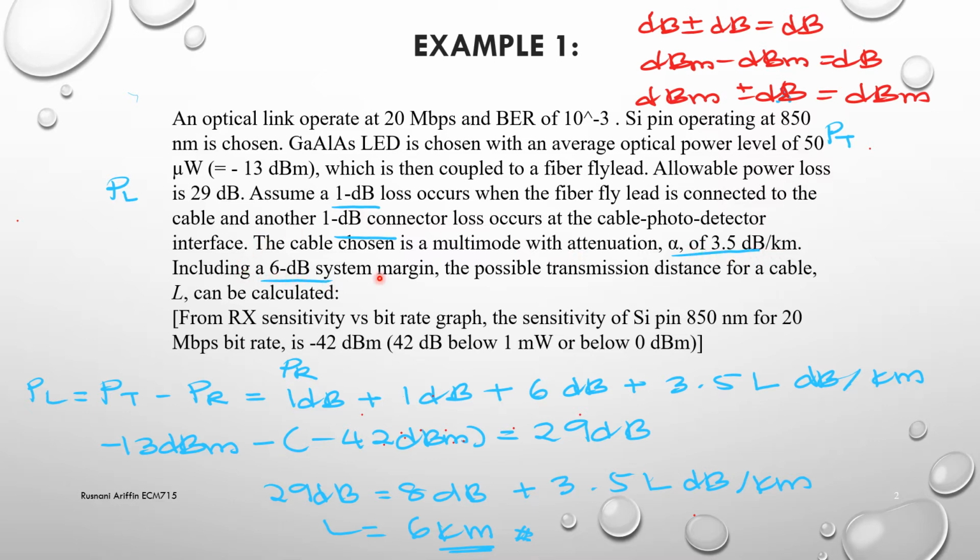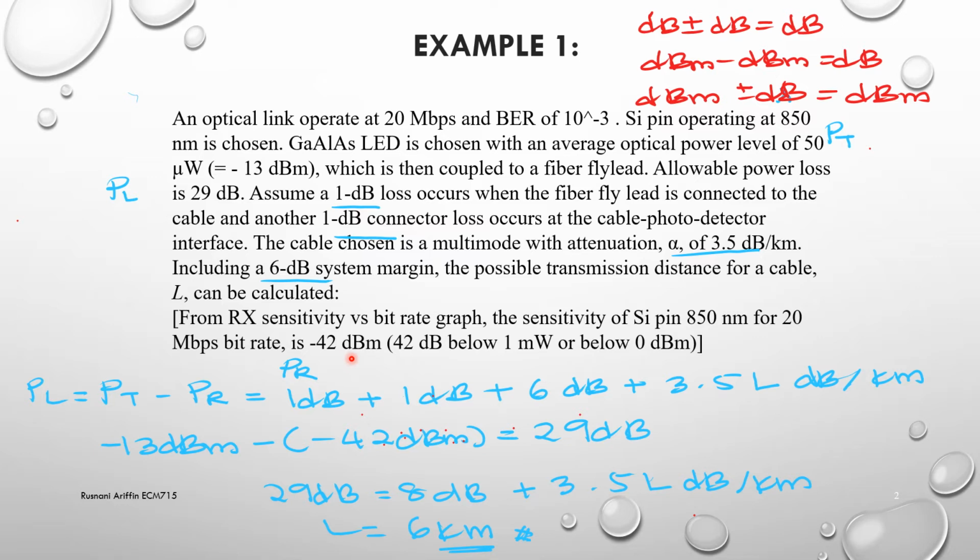Including a 6 dB system margin, the possible transmission distance for the cable L can be calculated. From the graph of receiver sensitivity versus bit rate, we can determine the photodetector sensitivity. From the graph, the receiver sensitivity is negative 42 dBm.